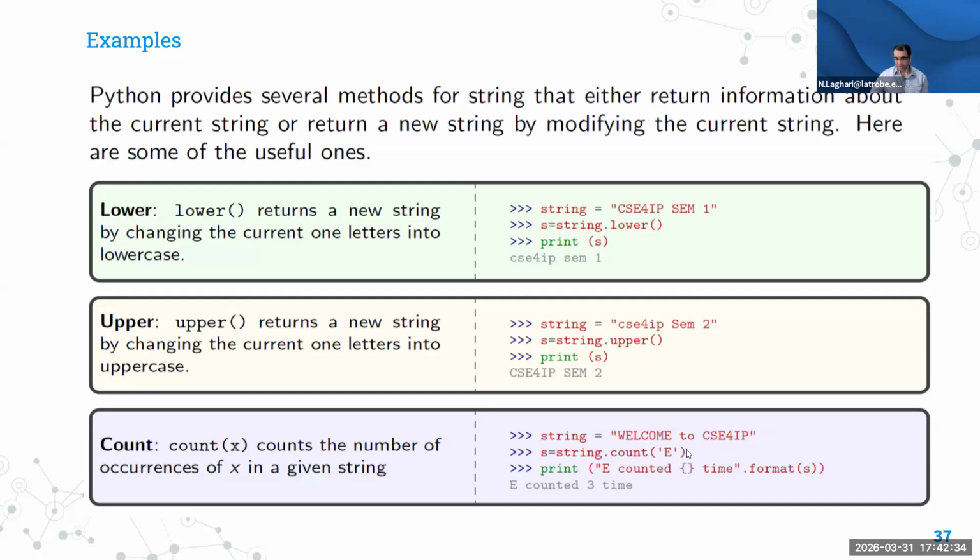How many E's are there? E counted, so 1, 2, and 3. So that is different. The count function is different than find. It does not find the location. It just finds how many substrings there are in your string. So it finds that there are 3 E's in our string.